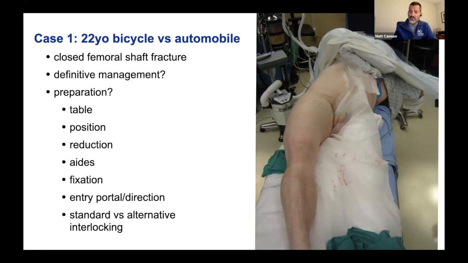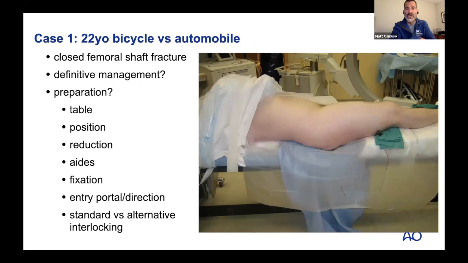The leg is also on a wedge pillow, so it elevates it up to some degree, which helps with reduction, but more importantly, removes the lower extremity in the lateral beam of the fluoroscopic view, so that you're not looking at two femurs superimposed. By putting it on a bump, now we look at just one femur in and of itself.